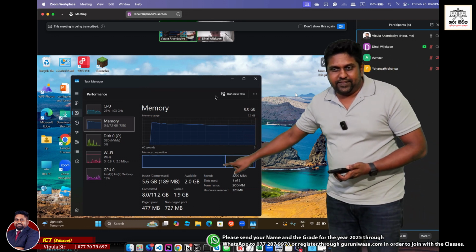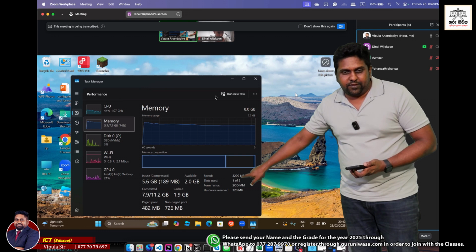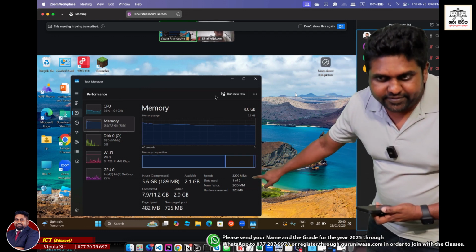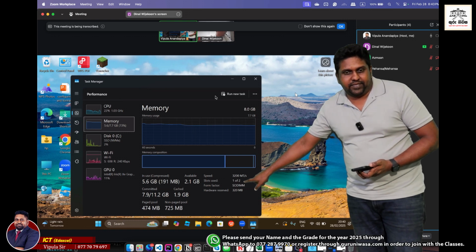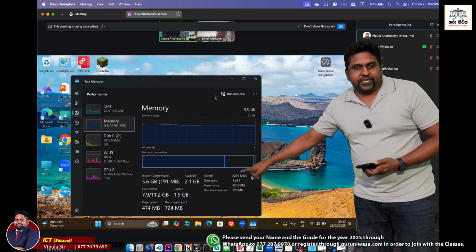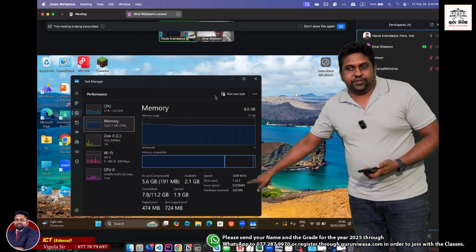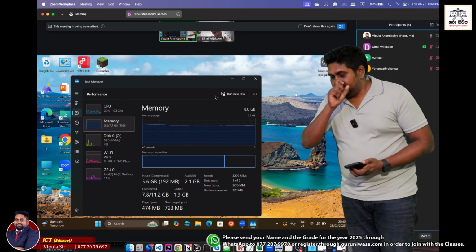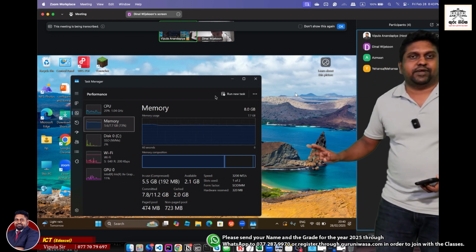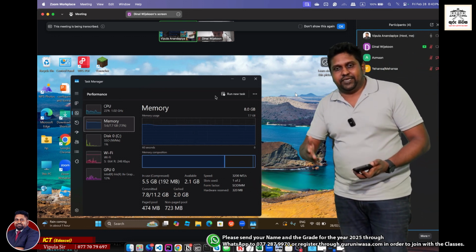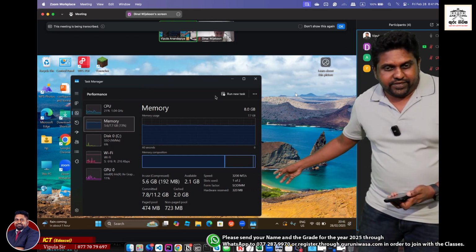So you guys can see down here we have this point called slots. It says slots used at this point. So I hope you guys can clearly see this. That means in this Vinay's laptop, he is only using one RAM slot, so you have another RAM slot remaining. Technically, in this case, he has 8 GB of RAM.